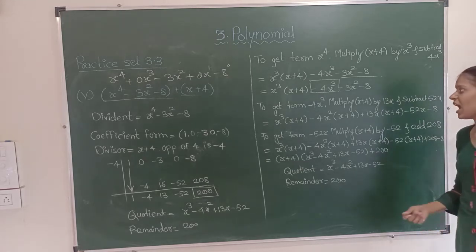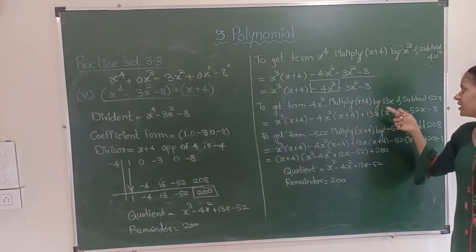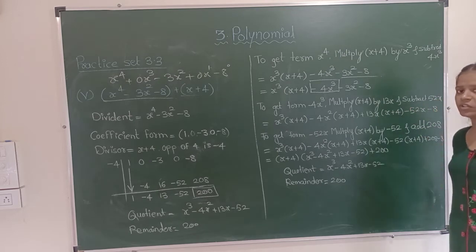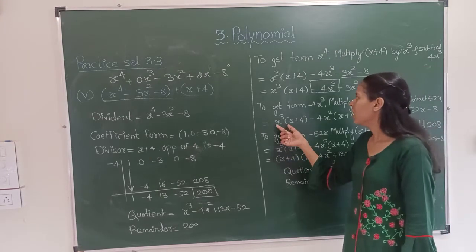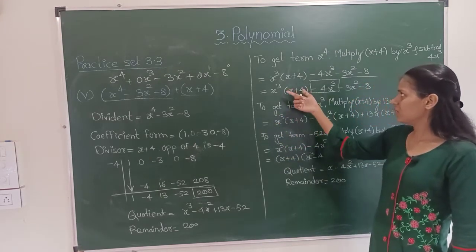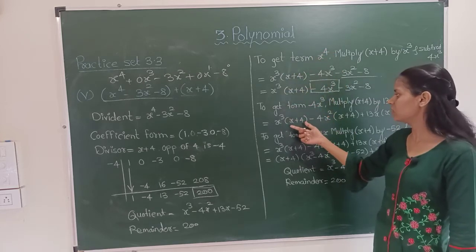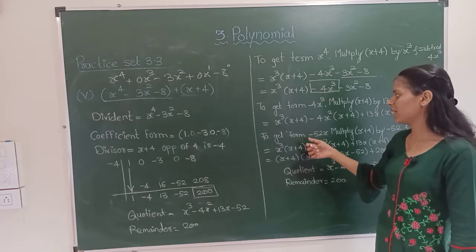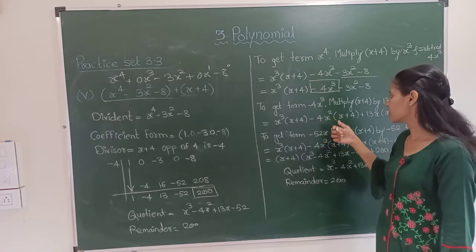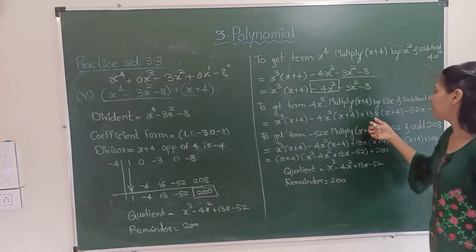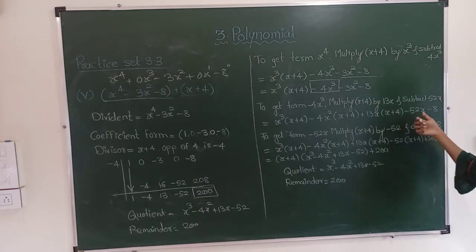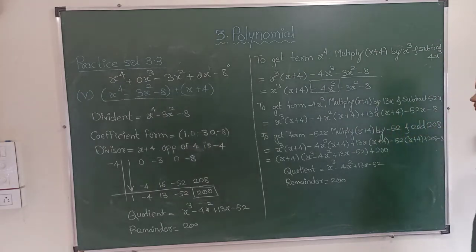What we have to do, we have to multiply this divisor by 13x and subtract 52x. So we will do the same. For the first term x raised to 4 we have written this, so we will copy as it is up to this: x raised to 3 into x plus 4, minus 4x raised to 2 into x plus 4, minus 13x into x plus 4, minus 52x and minus 8.